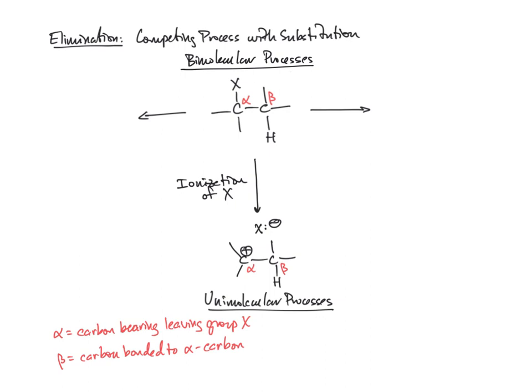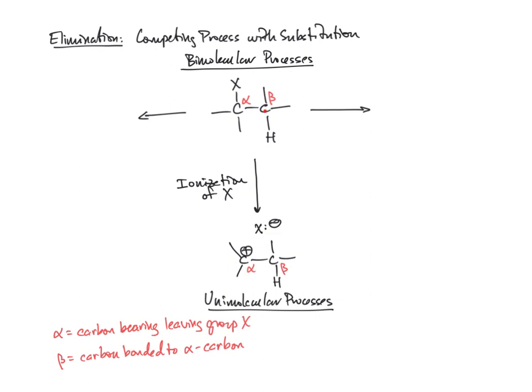So let's look at this general substrate here, what I've shown in the center here, because that's what we're going to start with, and that's going to sort of give us a flow chart of how we decide what sort of mechanism is happening. So I'm calling this carbon the alpha carbon, and it's bearing the leaving group X. Any carbon bonded to that is called a beta carbon.